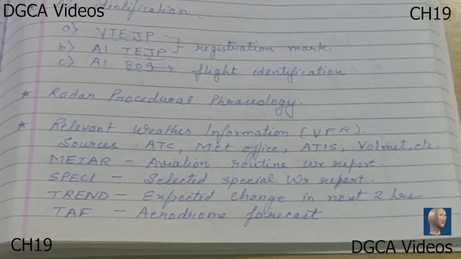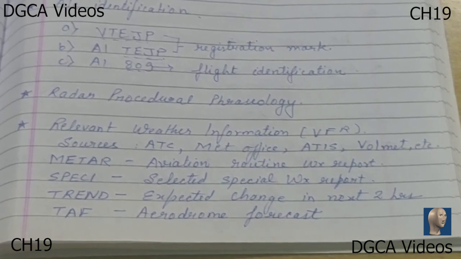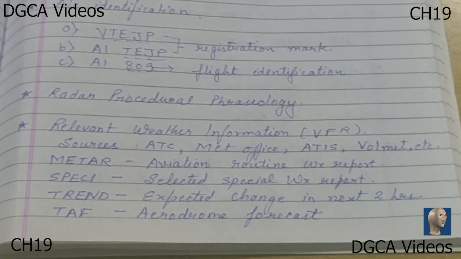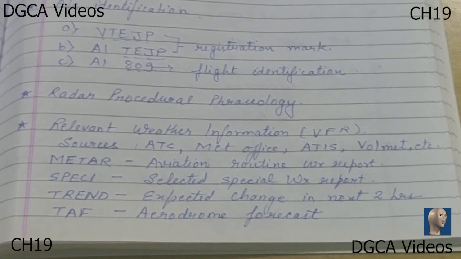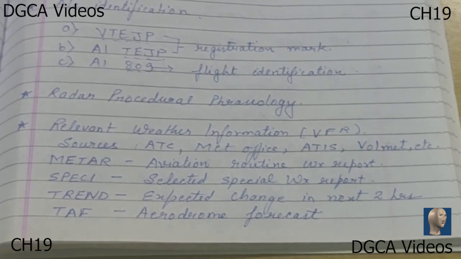Met Office is the meteorological offices. They are all involved in the collection of meteorological data. ATIS is actually an automated telecommunication system that will be telling you the information in a repetitive manner.